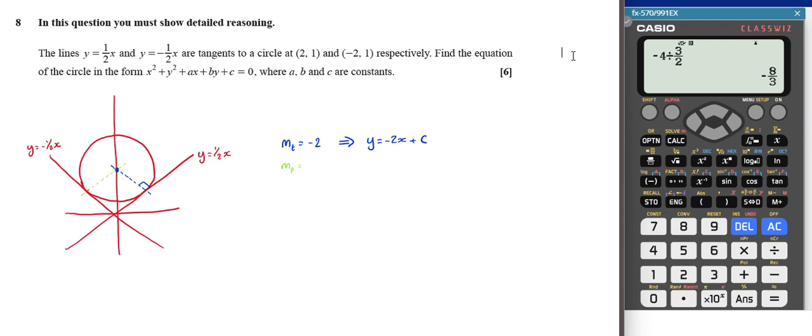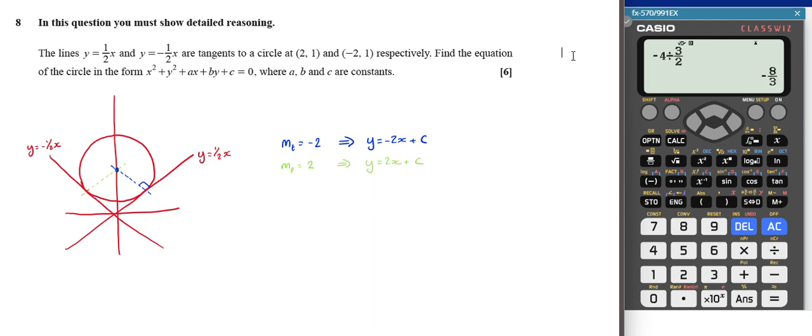Now that's going to have a gradient of positive 2. So this is y equals 2x plus c, as they meet at the same point. Have we got anything useful here?